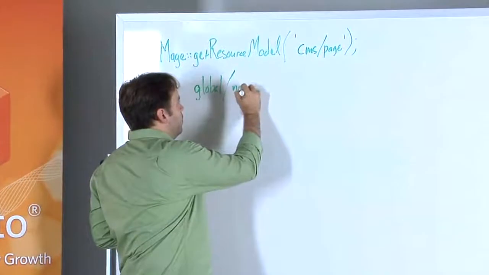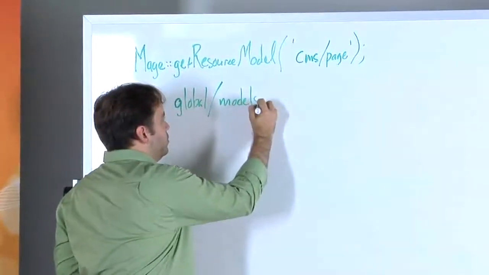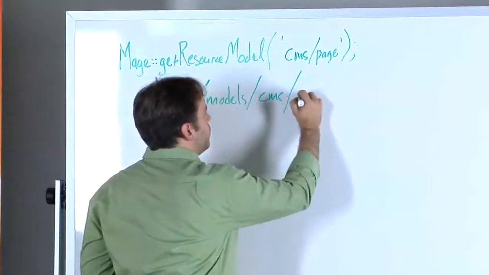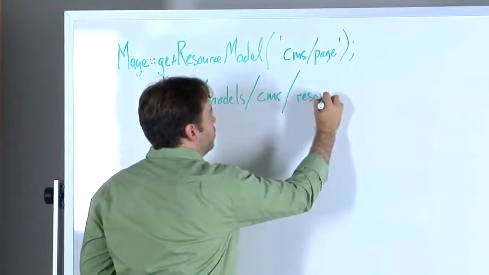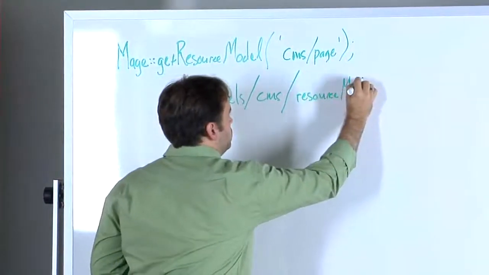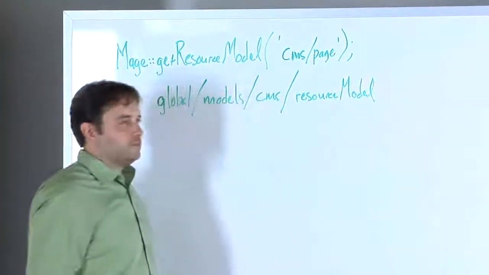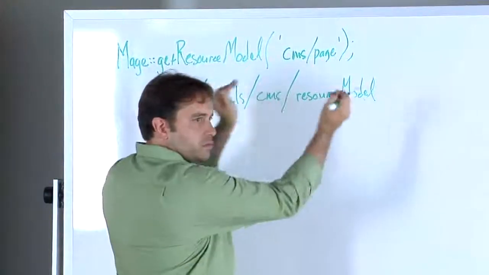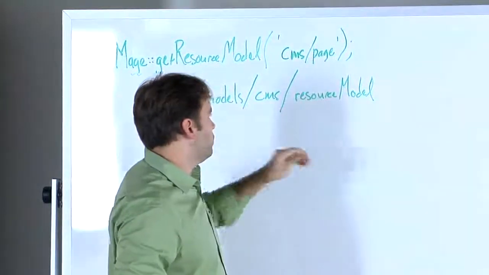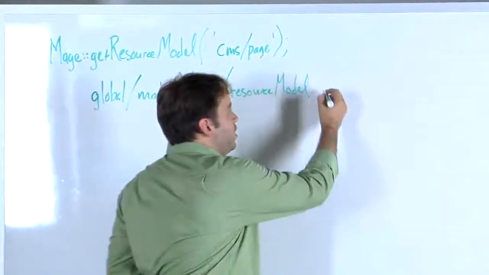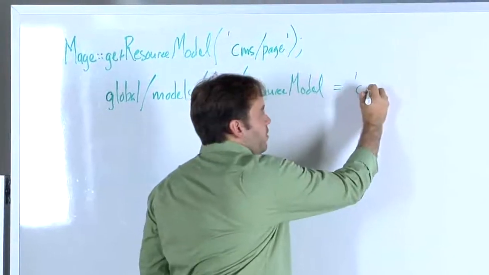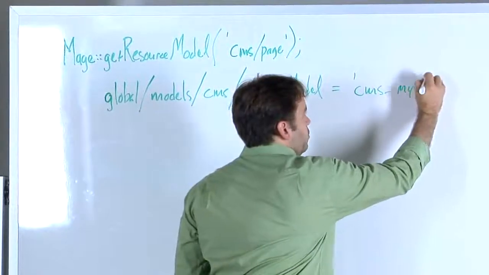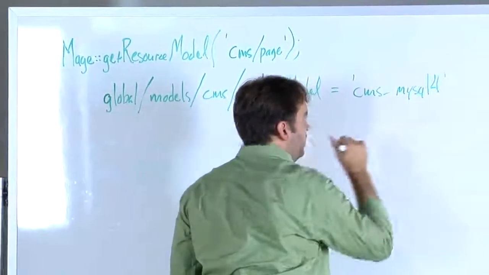Now, these are all XML nodes. In here, we have a value, and it's a string of CMS MySQL 4.